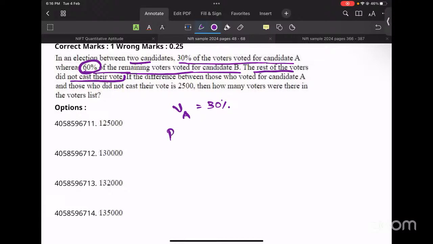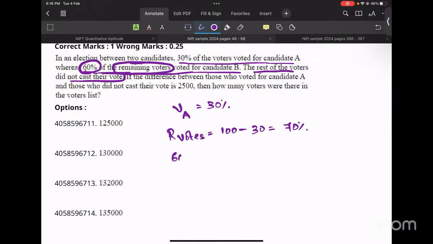Here, remaining voters equals 100 minus 30, that is equal to 70% of voters remaining. So 60% of the remaining voters.